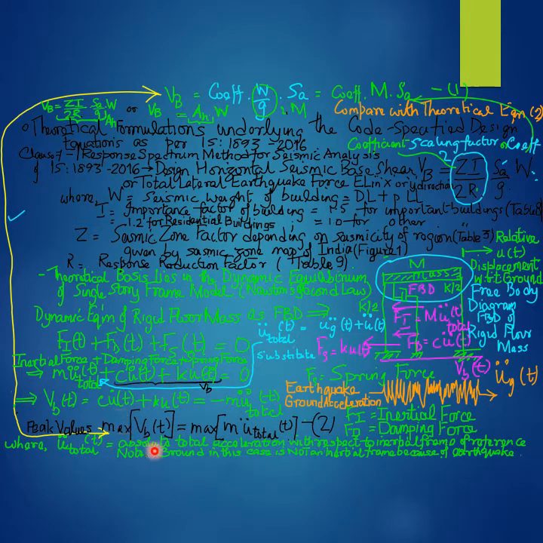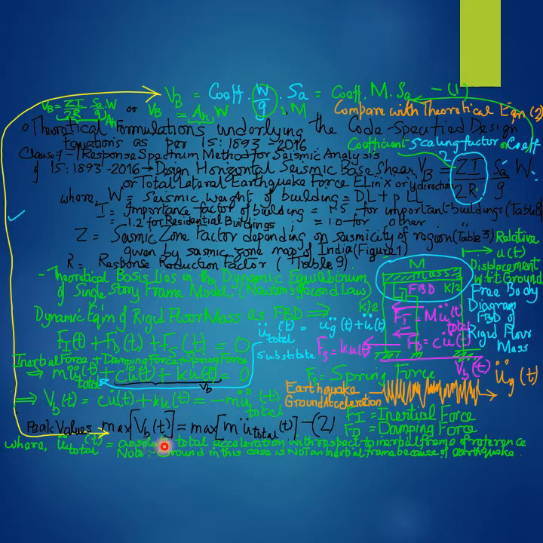Comparing this theoretically derived equation for the peak or the maximum value of the theoretical dynamic base shear V subscript small b, time variant function, to the code specified formulation for the horizontal seismic base shear, that is the design horizontal seismic base shear or the design horizontal earthquake force, provided in the form of the design horizontal seismic base shear P subscript large P as the notation.